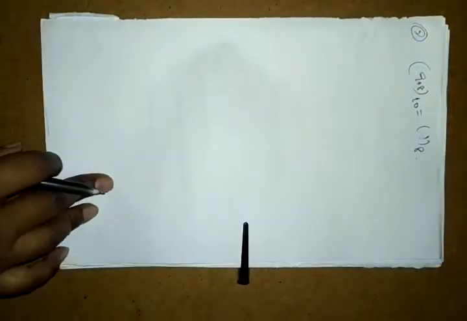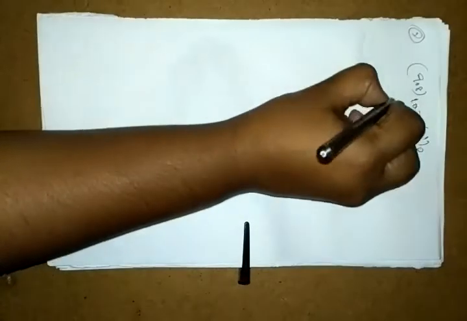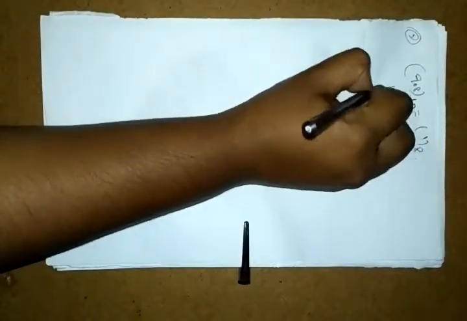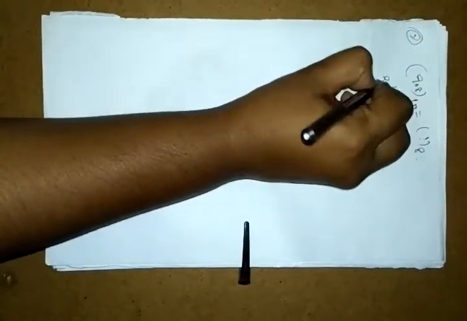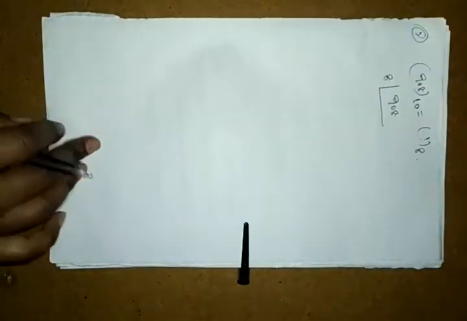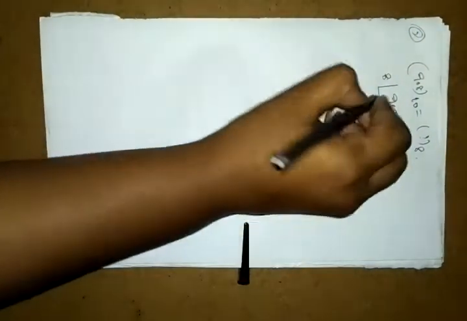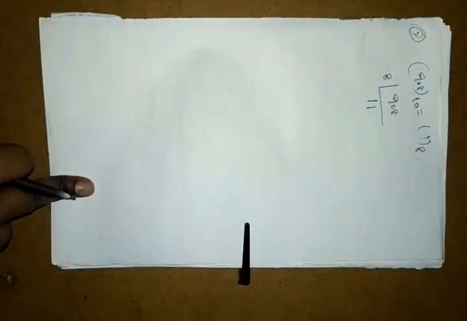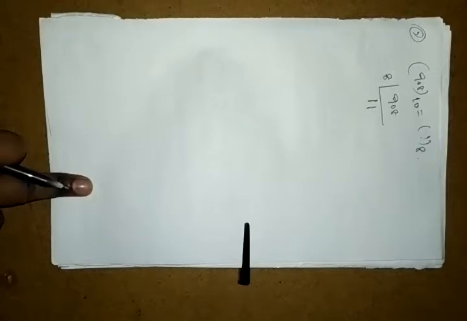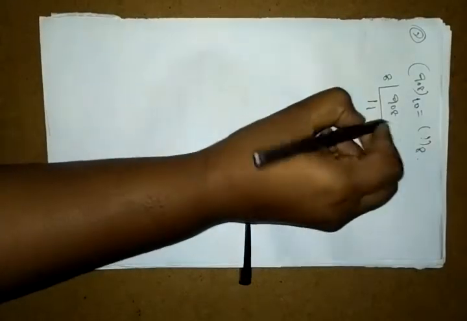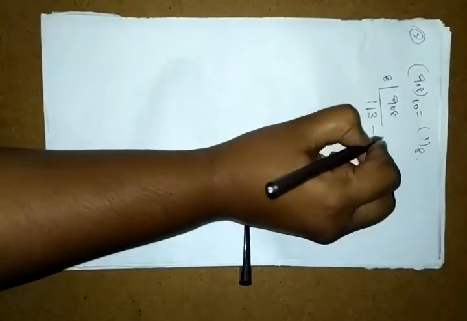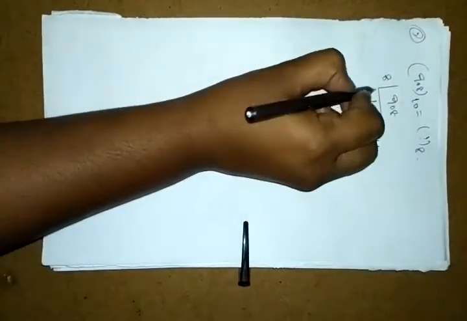Directly write 908. 8 ones are 8, 10 we have; again 8 ones are 8, 2 we have, so 28. 8 threes are 24, so we get the remainder 4.